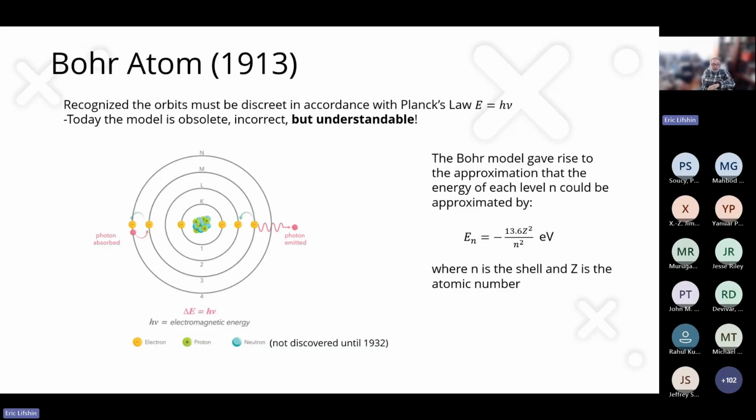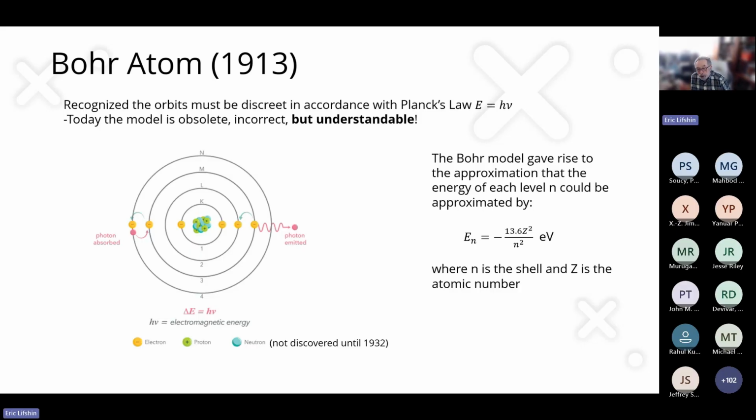Man, when I was in high school, people even taught that. This is before quantum mechanics, at least the quantum mechanics of today. So that model is obsolete, incorrect, but it's quite understandable. It's nice to think of the solar system model with electrons going around in various orbits.